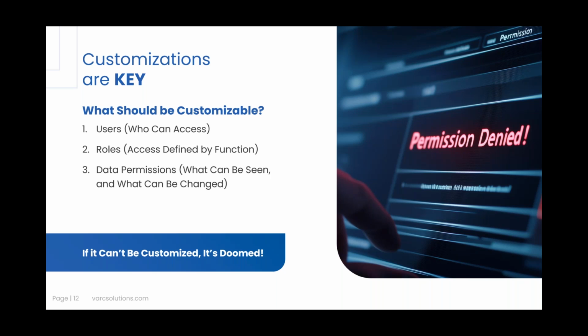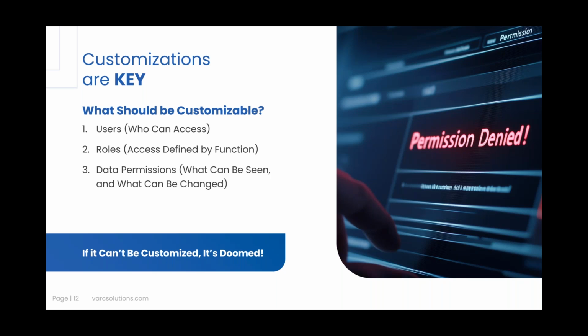All right, let's talk about another area of customization, which is super critical, and that is user roles and permissions. So who can access this system? If you don't have the ability to define what a user can or can't do, you're going to have a problem, because trust me, at some point you're going to want to say this person can do this type of stuff, and this person cannot. You also might define that by job function, otherwise known as roles.